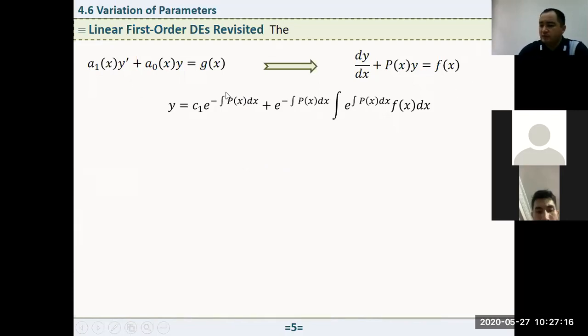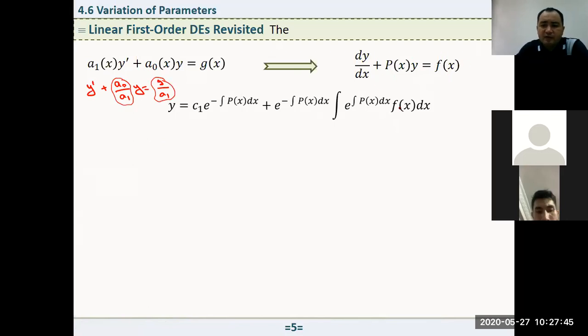If I divide both sides by a1 of x, here I will have just y prime, plus a sub 0 over a1, I'm not writing the x's, times y is equal to g over a1. We are just relabeling the coefficient as p of x, and relabeling the right side as f of x.